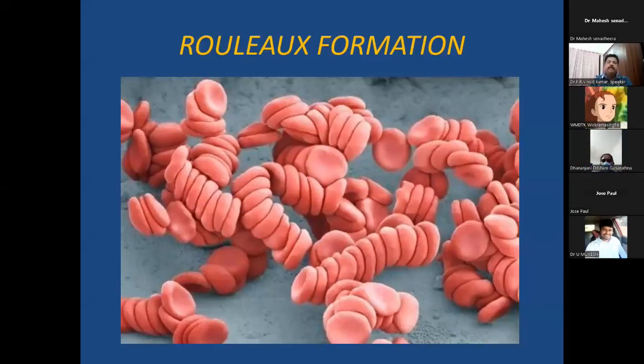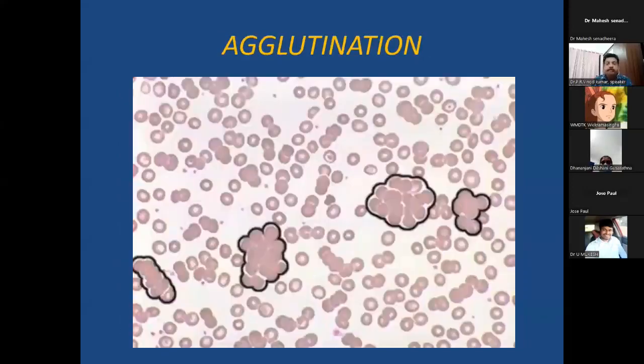That is why Rouleaux formation is very quick in equines, and equines have a very high ESR. Rouleaux formation is extremely slow in bovines and caprines, and in the bovine there is practically no ESR. If you take the blood of a cow and keep it for one day, it will not settle down. Maybe it settles at a rate of 1 millimeter per 24 hours. So that is Rouleaux formation.